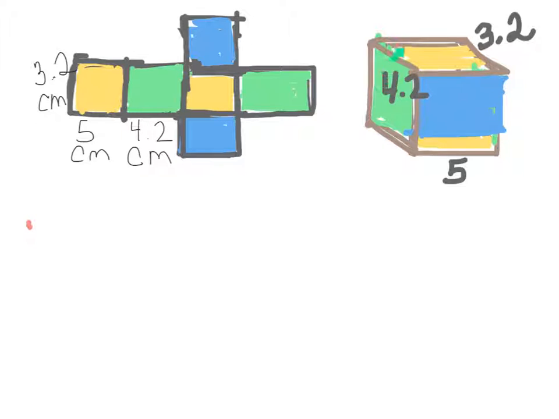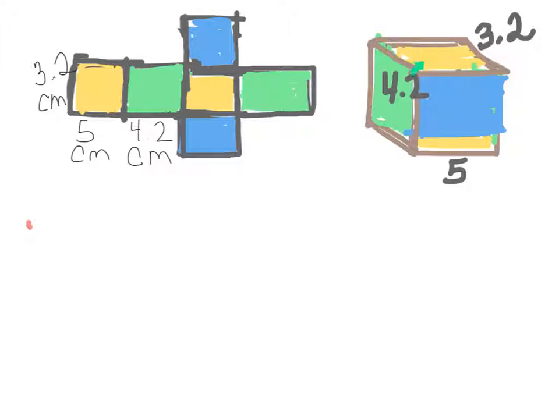Over here, what I tried to do is draw a rectangular prism and then bring in the different colors of these sides from the net to the rectangular prism once we build it up. You can see that the 2 yellow sides are congruent, and this yellow side would be the bottom and this yellow side would be the top.